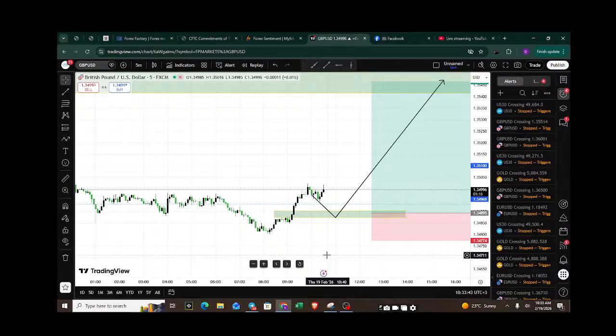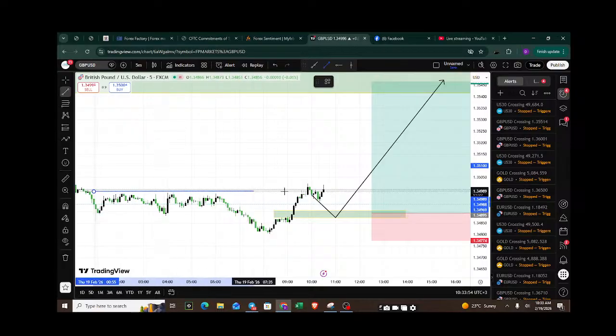So the reason I have bought GBPUSD is because the first thing I've noted in the market when I've opened my TradingView is that we already have a break of market structure here. A break of market structure.